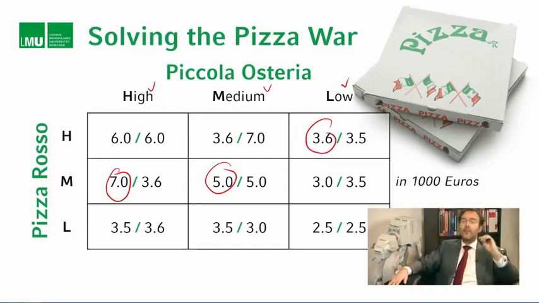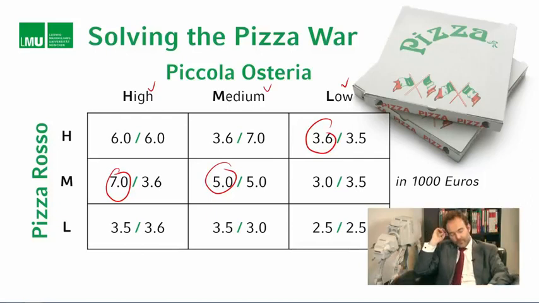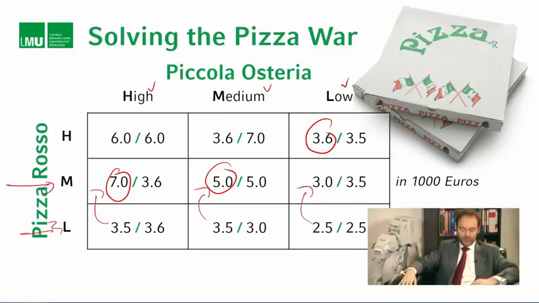Why do they do it? They've basically given up the market for the price-sensitive consumers, and they only sell to their loyal consumers at a high margin. Now, if you look at this, what's interesting is that if you compare the low price and a medium price, it's always better for Pizza Rosso to choose a medium price rather than a low price.